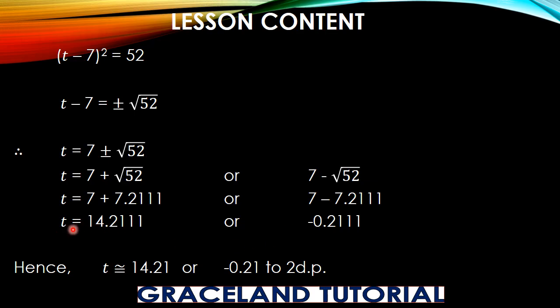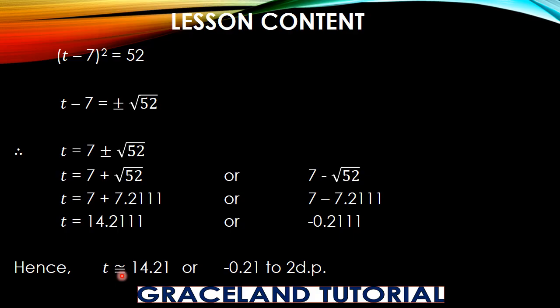Now, t will be equal to 7 plus 7.2111, which is 14.2111, or 7 minus 7.2111, which will give us minus 0.2111.